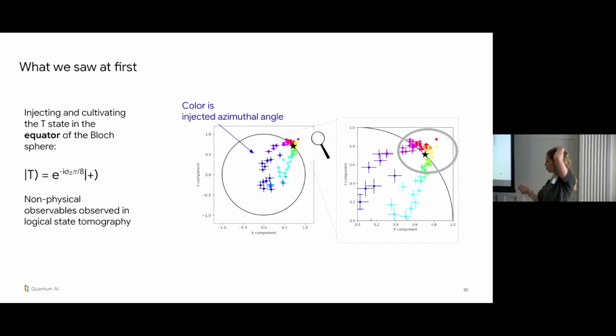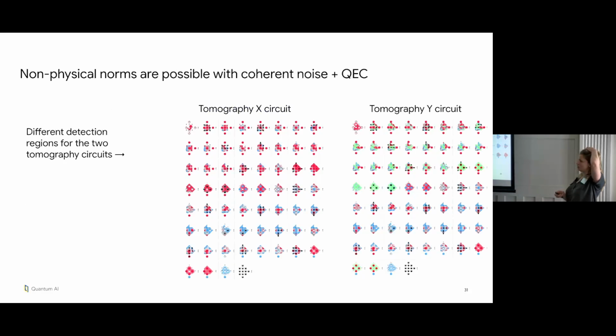We're seeing non-physical observables. And it took us a little bit of time, but we realized eventually that if you have coherent noise in your circuit and you run quantum error correction, then you can actually get non-physical observables, because quantum error correction in post-selection is an active process that's changing the density matrix that you characterize in the end.